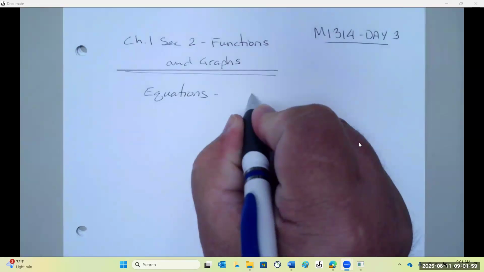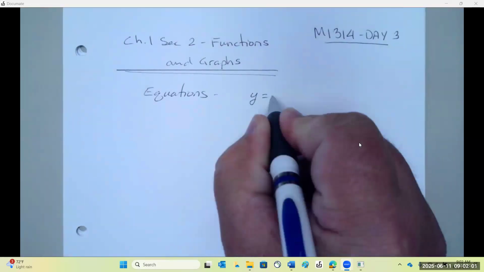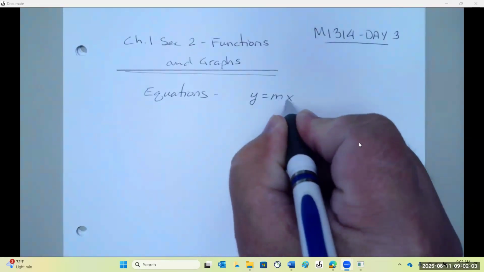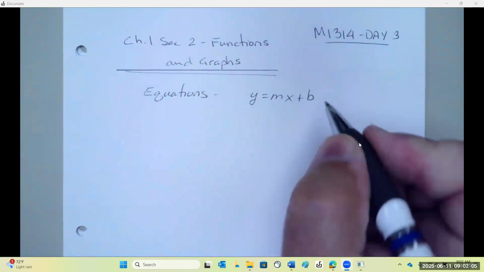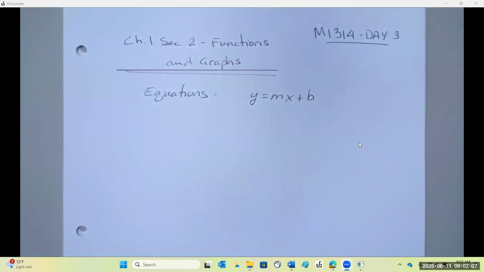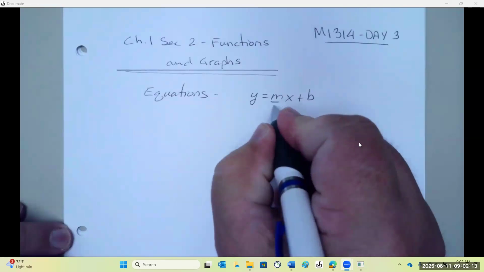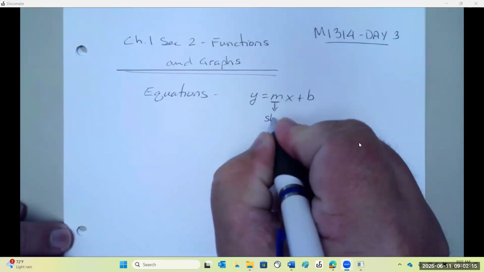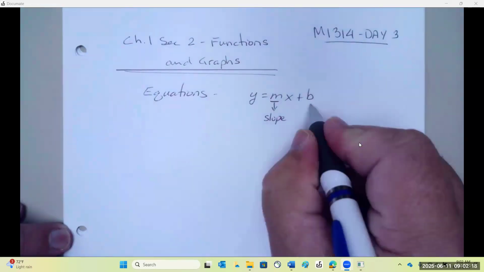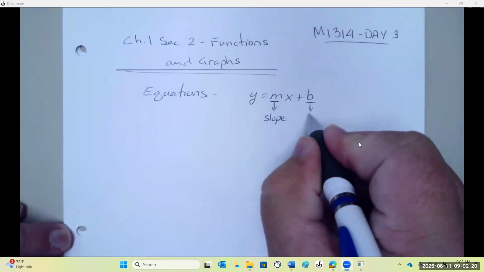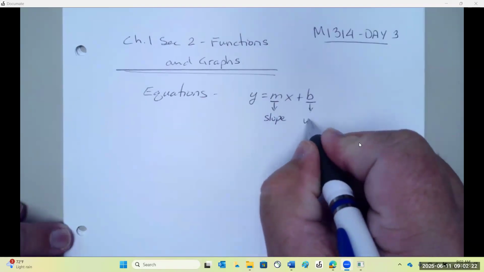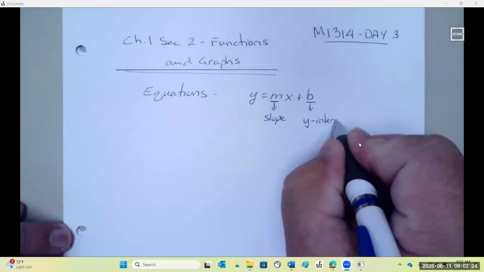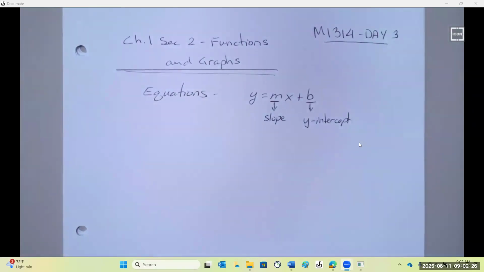For example, the first one of the equations we used was this. What is this called? Yes, because M is the slope, and B is the y-intercept. You're going to find out that mathematicians have zero imagination.